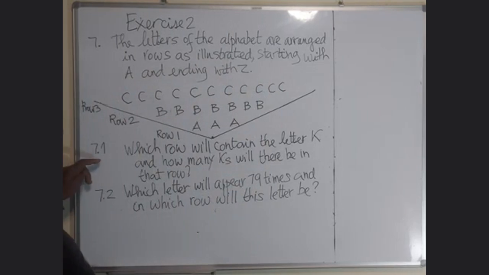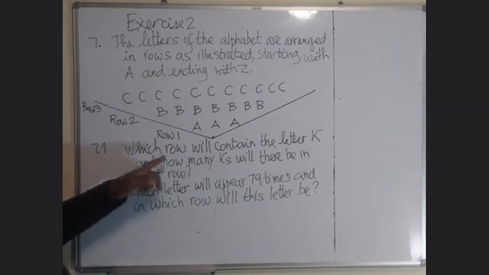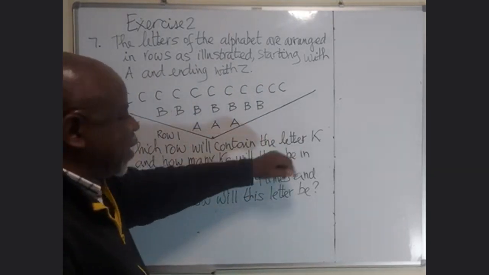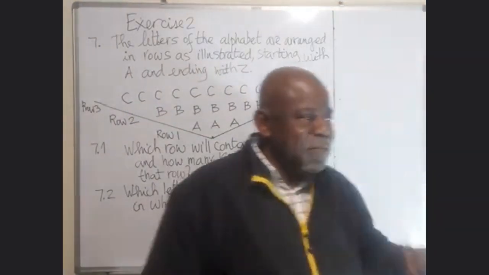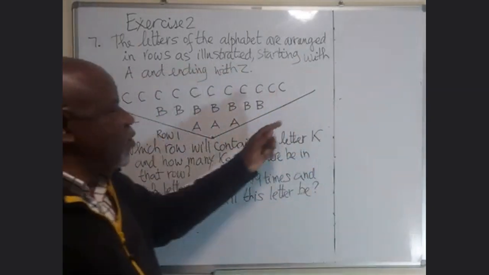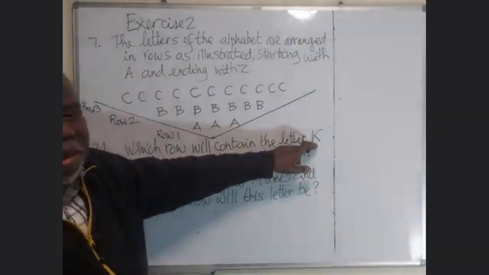So to answer the first question, 7.1, which row will contain the letter K? If we consider the letters of the alphabet, A, B, C, D, letter K will be at position 11.